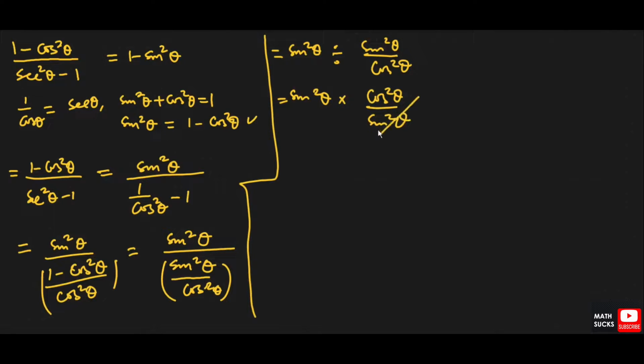You can see that the sine squared cancels, and then we have cos squared of theta. But again, going back to our identity, cos squared theta is equal to 1 minus sine squared theta, and so this is the same as 1 minus sine squared of theta, as needed.